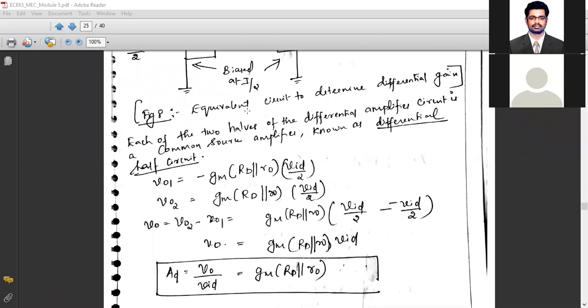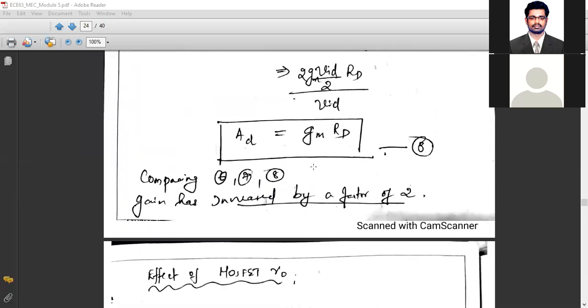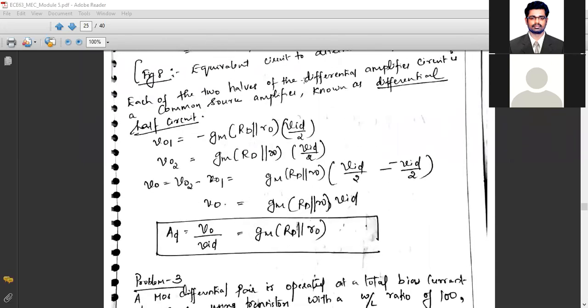Now to find the gain, we need to find the ratio of output to input. So take the input to the left-hand side. So output V0 divided by the differential input VID is given by gm into RD parallel R0. If you compare the gain of the two differential amplifiers with and without R0, without R0 it is gm into RD, with R0 it is gm into RD parallel R0. That means the gain will be less.